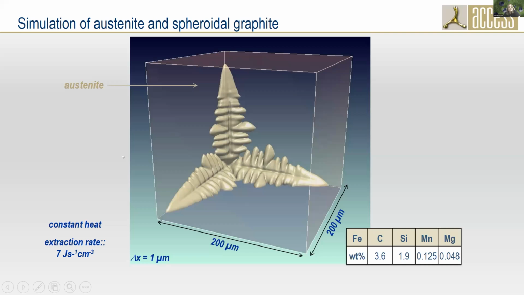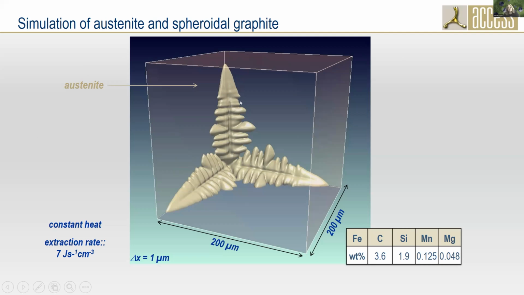So here we first simulated the dendritic growth of the austenite, which was just a part, not the whole austenite dendrite. Actually, we did not pay much attention to this because first we wanted to solve the problem with describing the graphite growth.